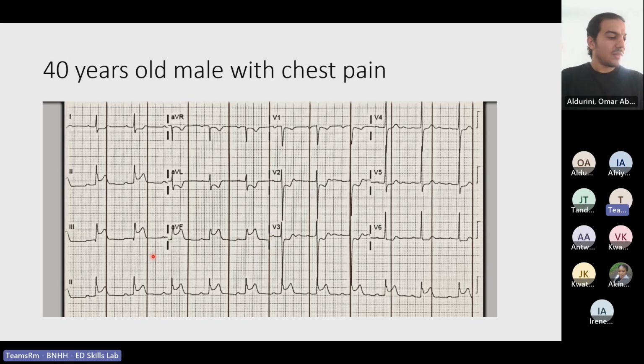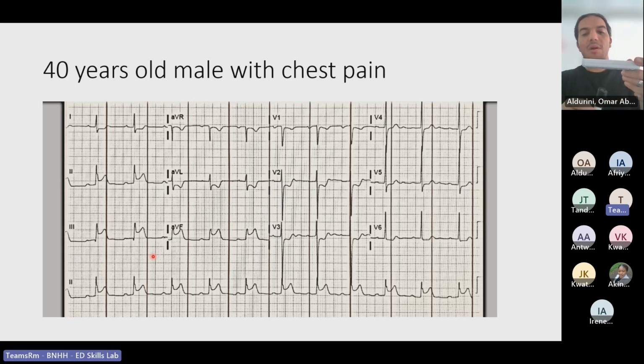Basically, let me grab something. If you can see me, this is the heart, and this is the inferior wall. Okay, so 2, 3, and AVF are looking here to the inferior wall, and they all have ST segment elevation.